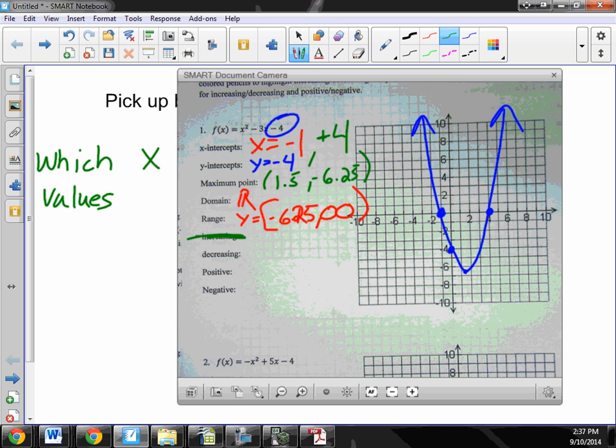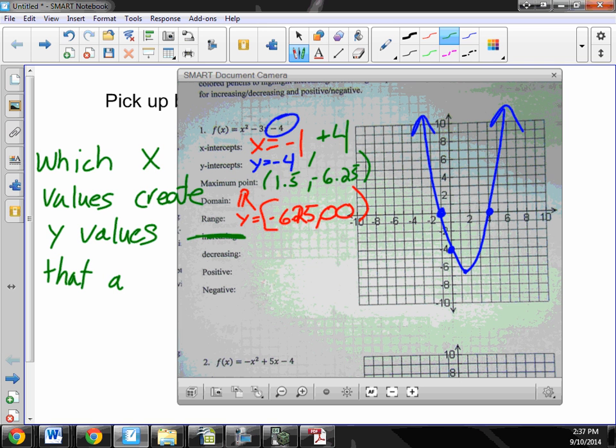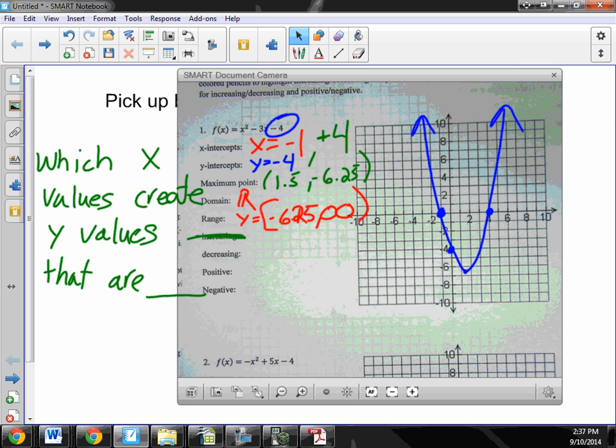Which x values create y values that are blank? That's the question we're asking. Which x values, or if you are elevated in academics and intelligence, y x values, create y values that are increasing? Which x's make the y's go up?